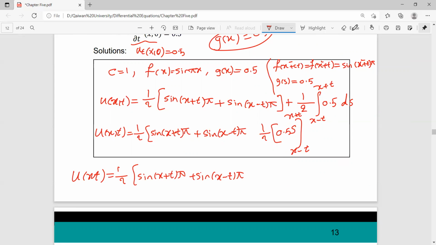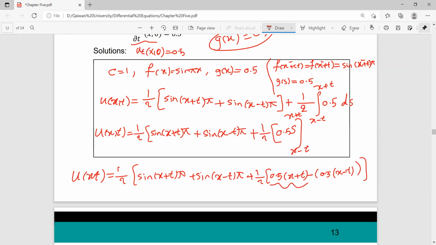plus a half of 0.5 times (x plus t), minus 0.5 times (x minus t).